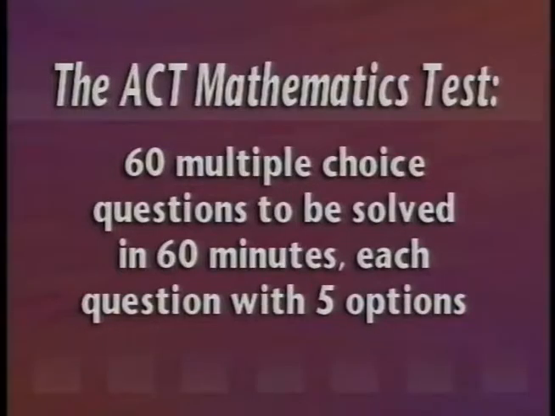Let's look a little more closely at the structure and scoring of the ACT mathematics test. The ACT mathematics test presents you with 60 multiple-choice questions to be solved in 60 minutes. Each question contains 5 options from which to choose.